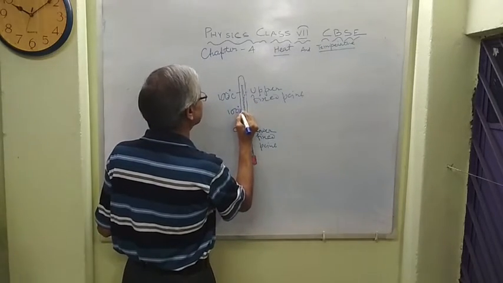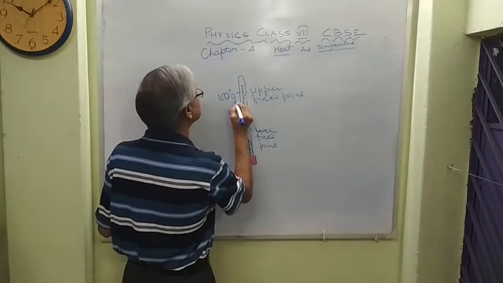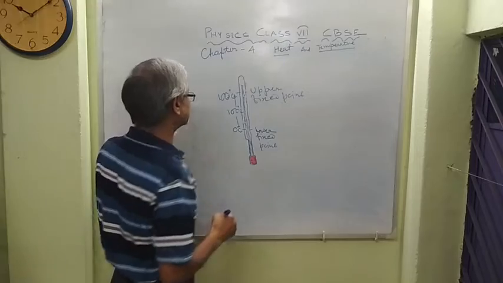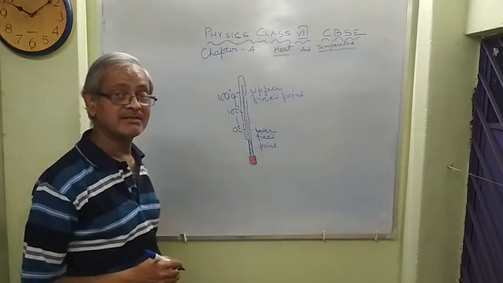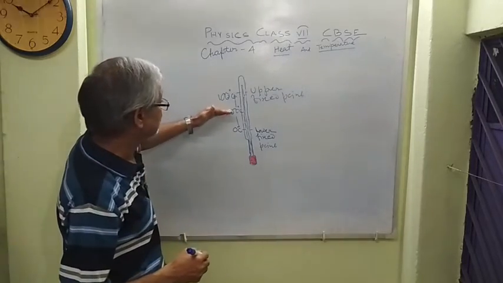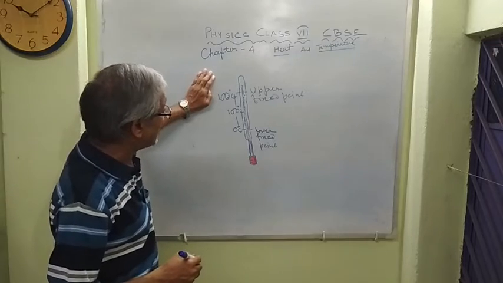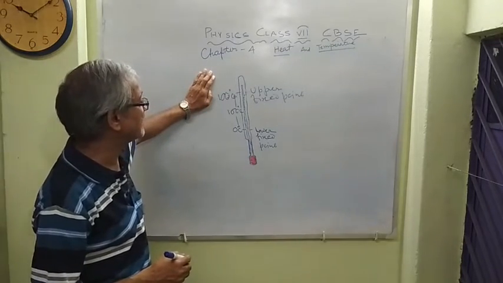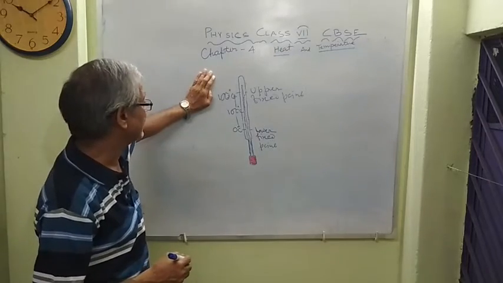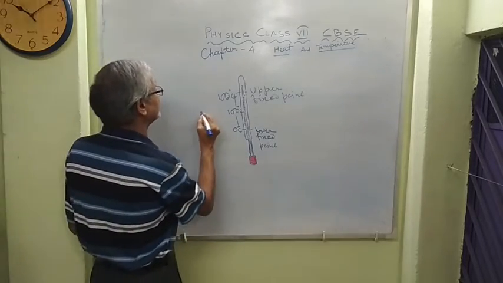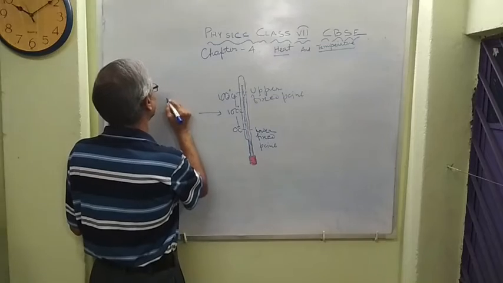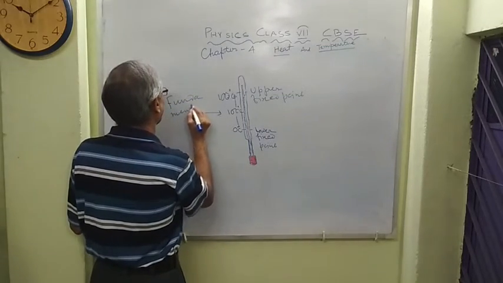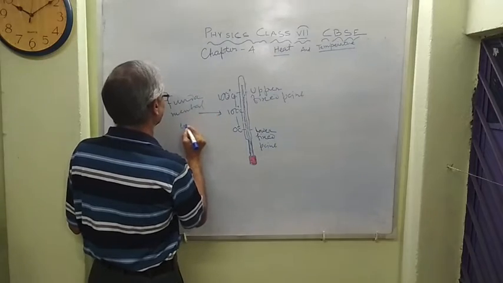That is 100 degrees Celsius in total. The difference between the upper fixed point and the lower fixed point is called the fundamental interval.